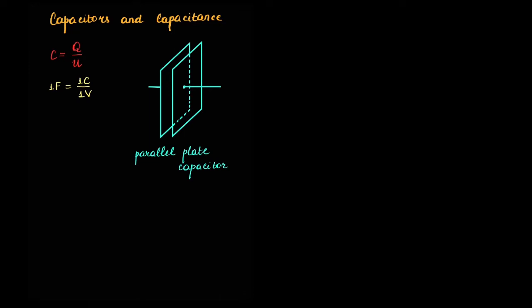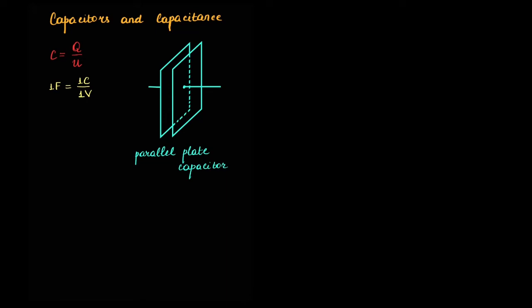So the ratio Q over U remains constant. The capacitance depends on the shape of the capacitor, in this case, the size of the plates and the distance between them.